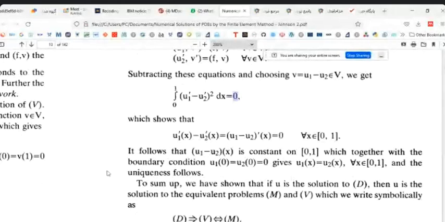Let me talk about this paragraph, which is about the uniqueness of U1 and U2.